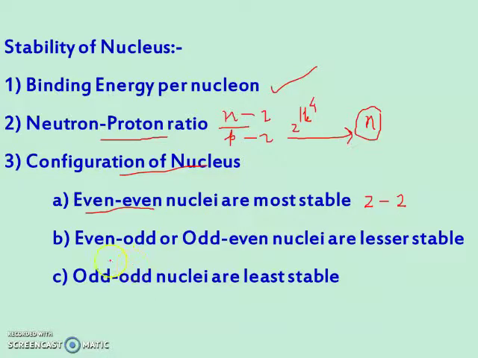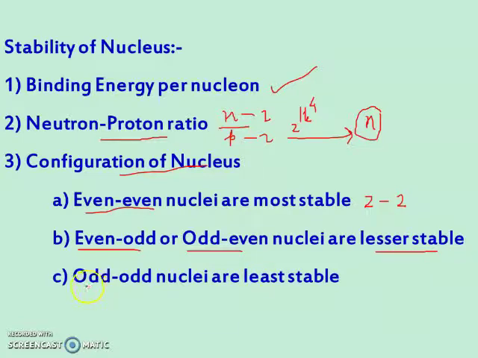If the nucleus is even-odd or odd-even, it means the number of protons is even and the number of neutrons is odd, or odd protons and even neutrons. So they become less stable.